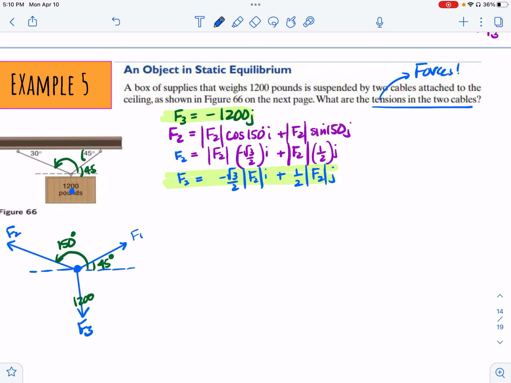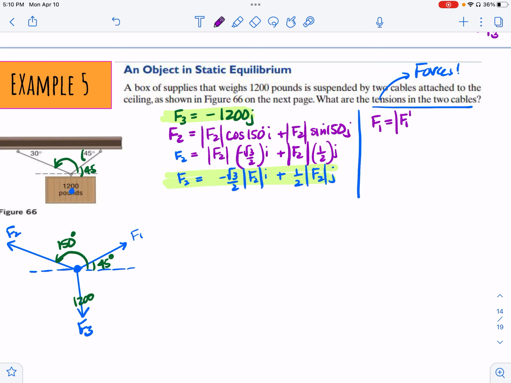Let's also write F3. Sorry, we already wrote F3. We'll write F1. 45 degree angle.